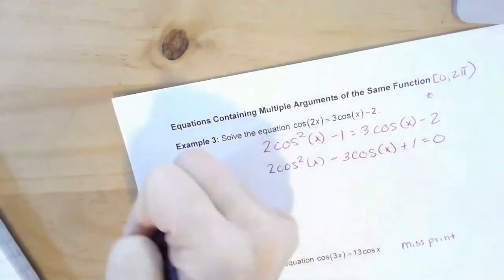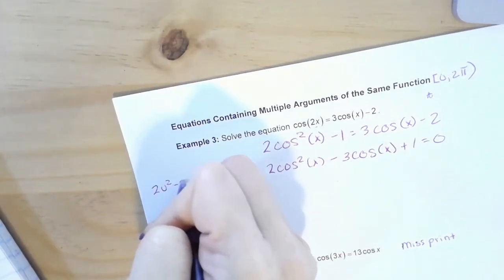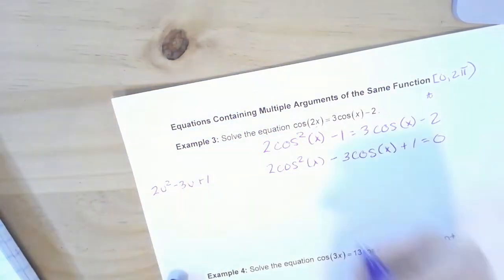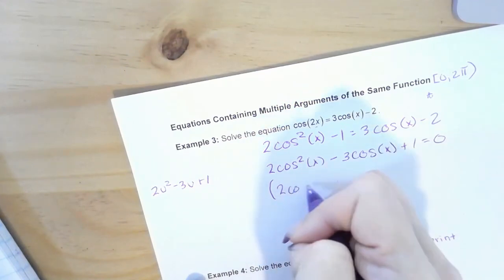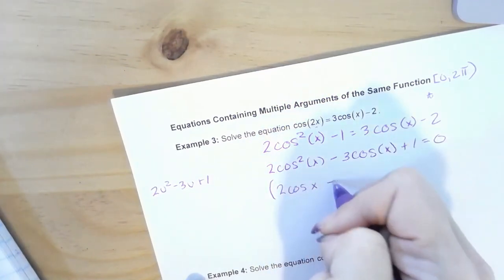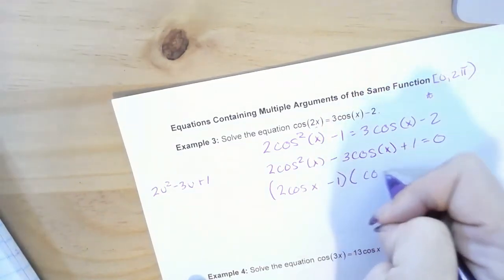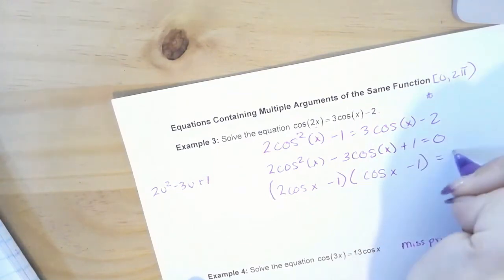We're going to factor this again. If you need to think about it, think of it as 2u squared minus 3u plus 1, and factor that out. When we factor, we get 2 cosine x minus 1 times cosine x minus 1.